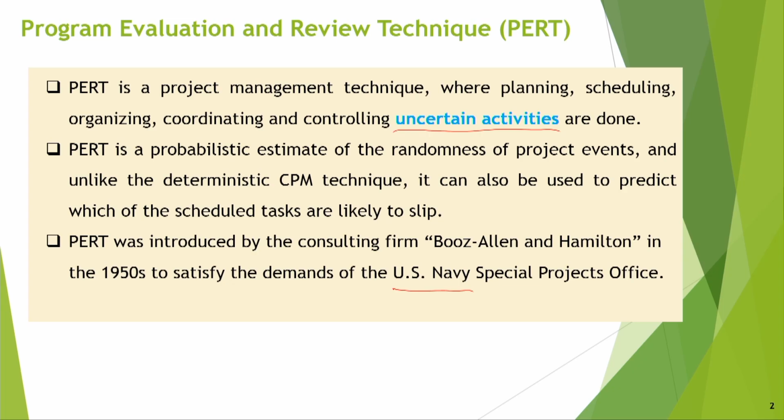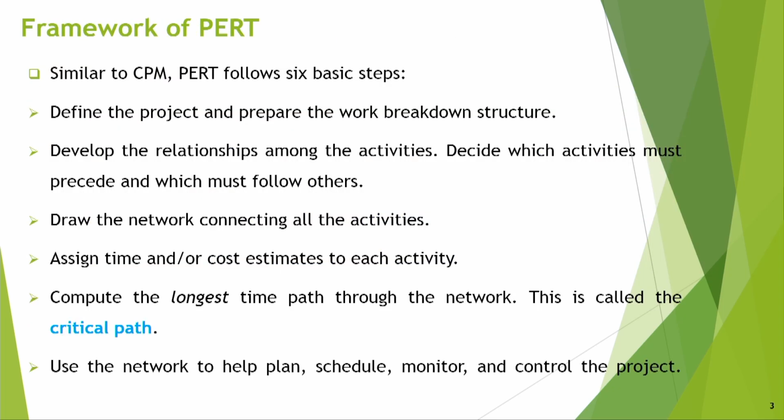Let us see how this technique is done. Similar to CPM, the critical path method, PERT follows 6 basic steps. First is to define the project and prepare the work breakdown structure. As I said, you have to define the project, and a project has these characteristics: it has a defined goal.